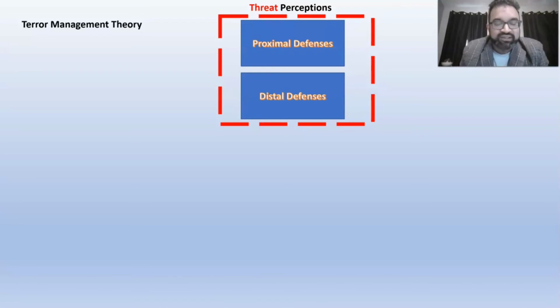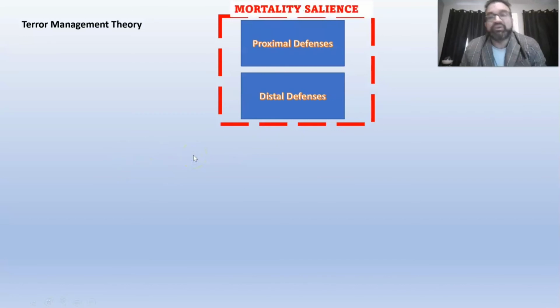There are quite a few defenses that are created as a result of this. If you think of the threat perceptions as not really threat perception, but more of a mortality salience, that's the terminology used within this theory. Importantly, it's the idea that we will not exist at a future date.